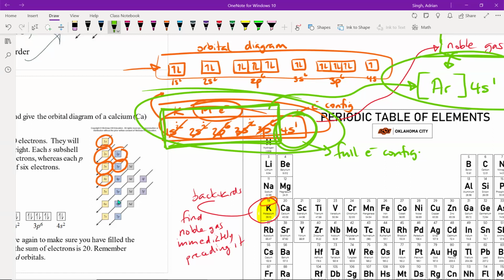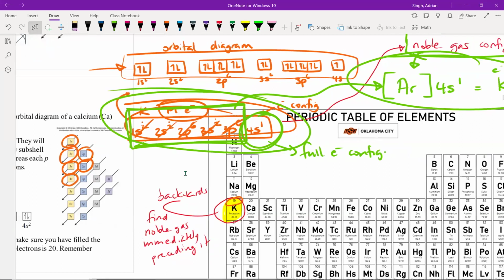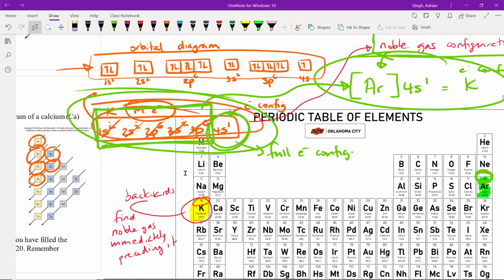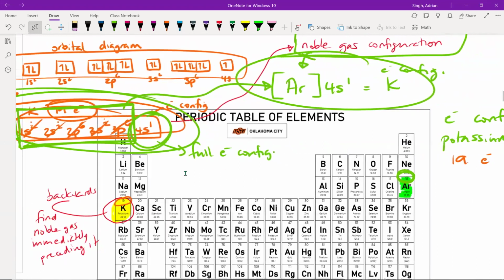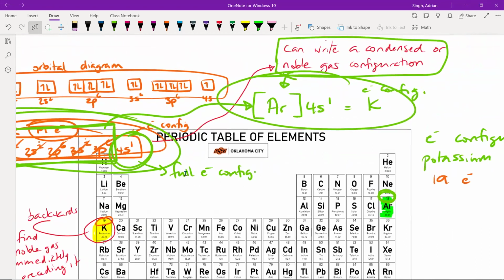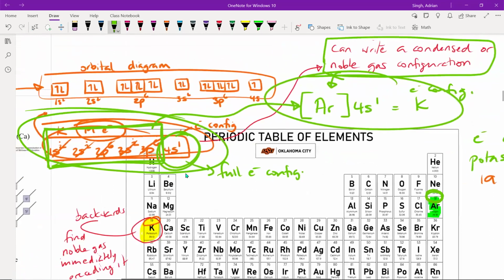So what this brings to the forefront is that when we write our electron configurations in any of these ways, we can condense it into the noble gas configuration. These 18 electrons in the case of potassium, we'll highlight these in yellow here. These represent the noble gas core electrons.